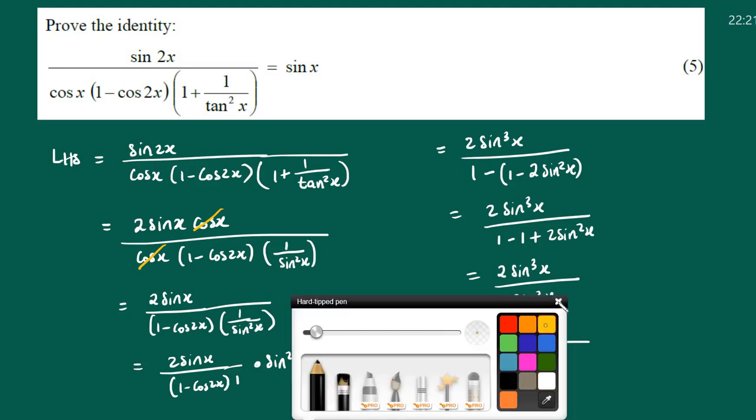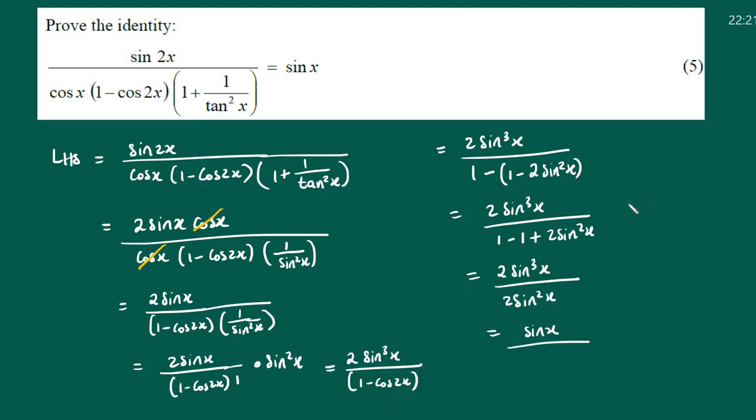From me, I can say the first thing is to know how to work with this one. Know how to work with it, know how to change it. Another thing is to know how to work with tan, to say I will change it to sine over cos. But another important algebraic aspect of things is that, please guys, know how to add or subtract fractions. If you know how to add or subtract fractions, you are good.